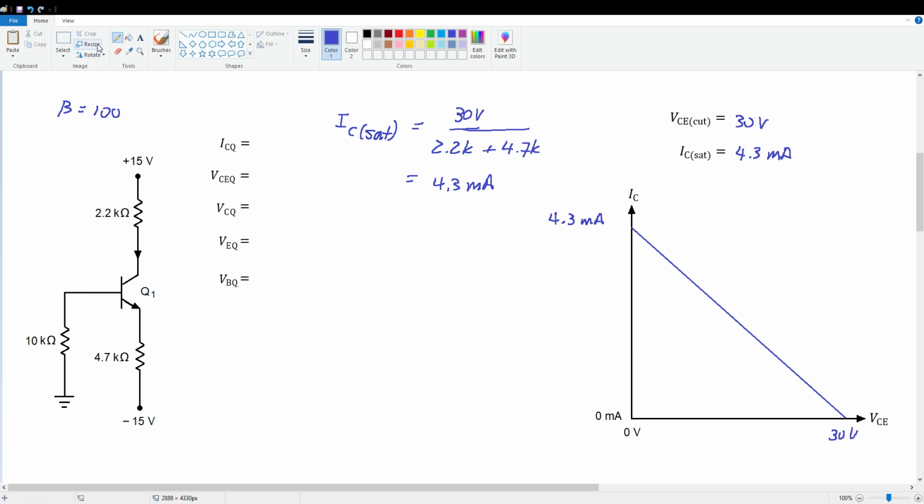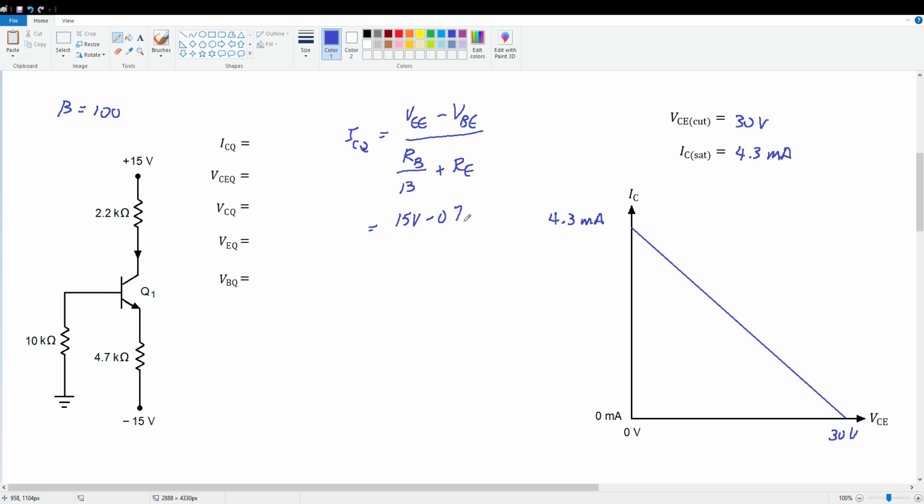All right, now let's do our Q point analysis. Clear this work out of the way. ICQ equals VEE minus VBE divided by RB over beta plus RE, right? So 15 volts minus 0.7 volts is 14.3.